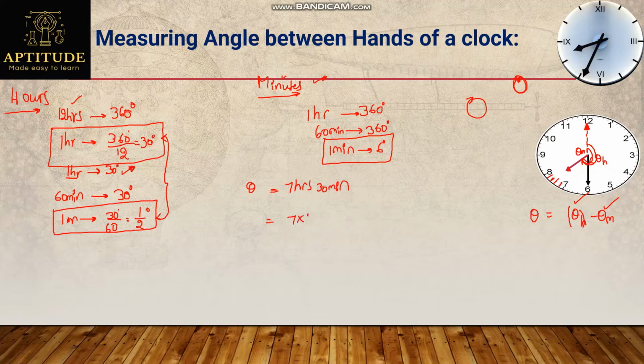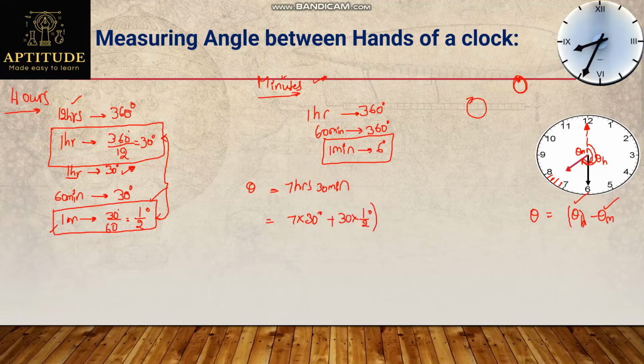Obviously 7 into 30. And not only these 7 hours, for these 30 minutes also the hour hand rotates. In 1 minute, it will cover half degree. In 30 minutes, how many half degrees will it cover? Obviously 30 into half.